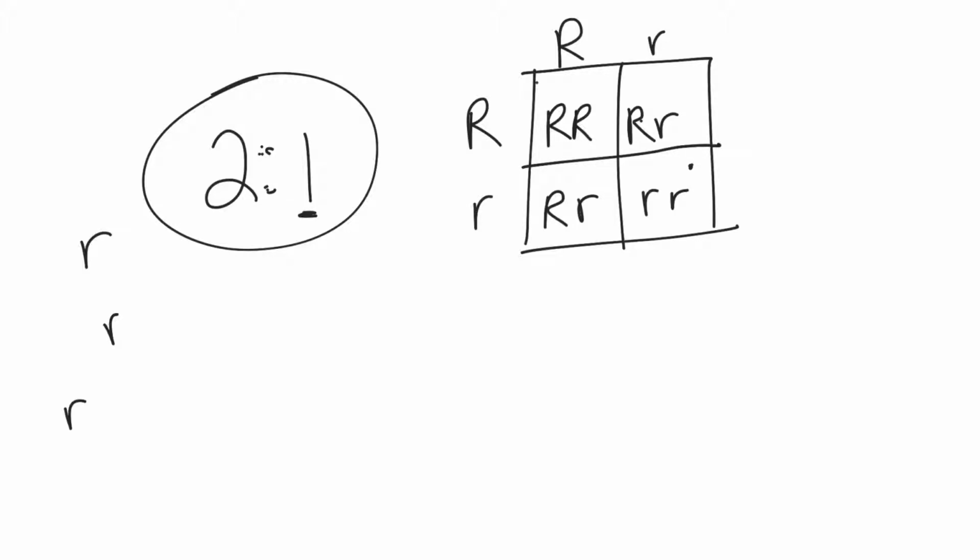So for example, here, if your big R combo caused the offspring to die before it was developed, so you never even got those kernels to develop, then all of a sudden you're left with 1 and then 2. So 2 to 1 ratio of purple to yellow kernels. This is a little more complicated, unusual situation. In that case, you see a 2 to 1 ratio for the purple to yellow.